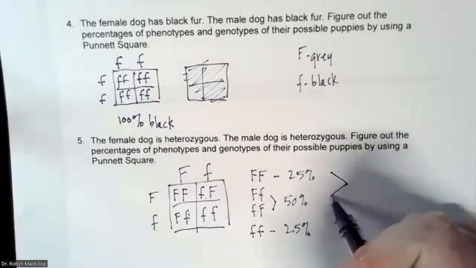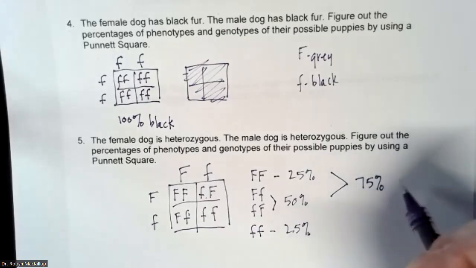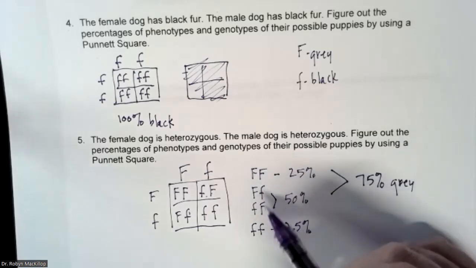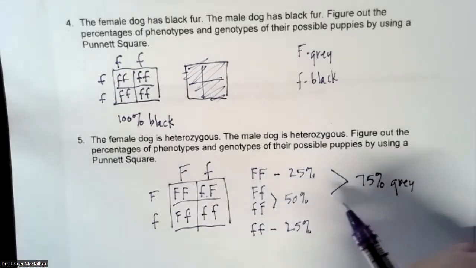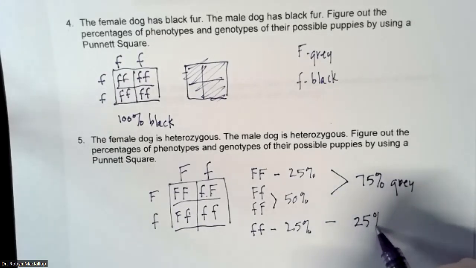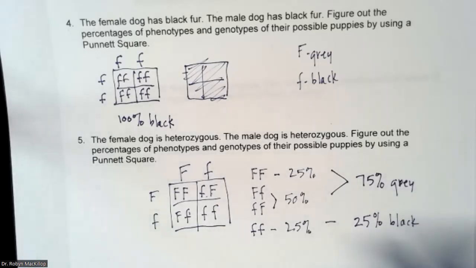Yes, you got it. 75% gray, and you have to watch on GED for their question, because they could ask you what percent for each genotype, which is what this is, or they could say what percent for gray dogs and black dogs. They're never kind. They always mix things up. So perfect. That was excellent. Nice.